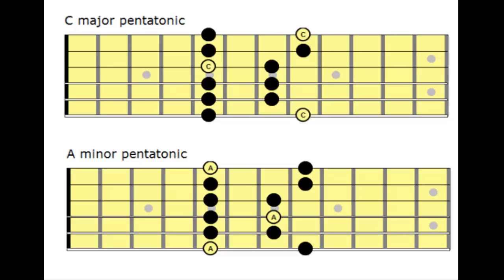The only difference being where we're taking the keynote from. In other words, in the C major pentatonic scale, I've indicated where the note C is. There's the various points in the scale where the C occurs, and down in the A minor pentatonic scale we've indicated where the note A is.